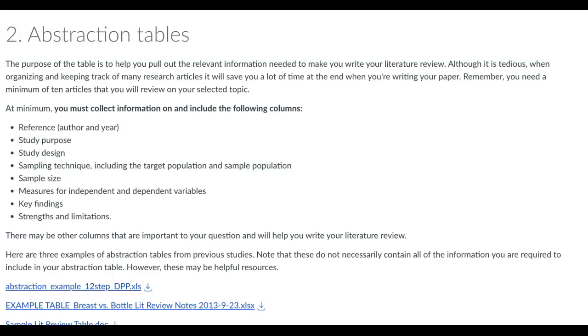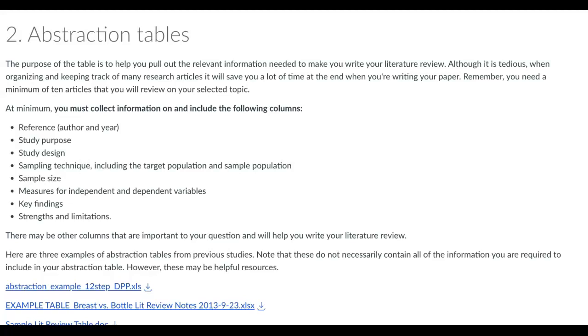Now, once you identify those articles, it can be challenging to organize and pull out all of the relevant information when you have so many articles. So we use abstraction tables to help us pull out the relevant information you need from each paper and organize it in a way that is easy to look at and easy to follow while you're writing that literature review.